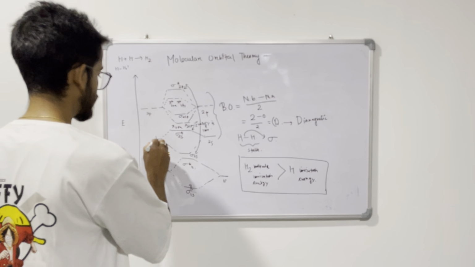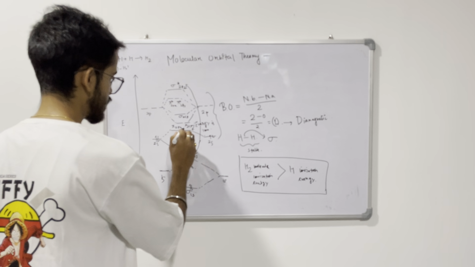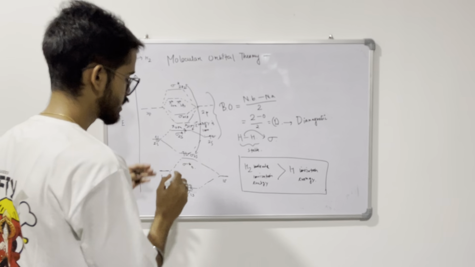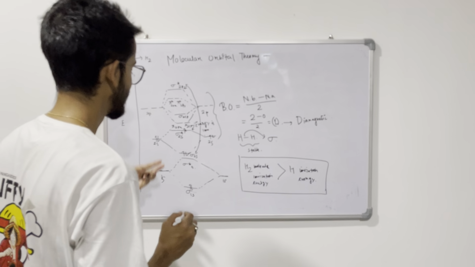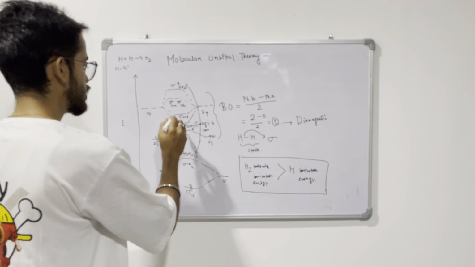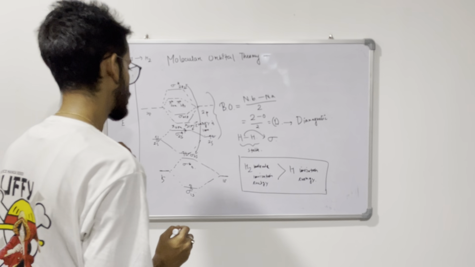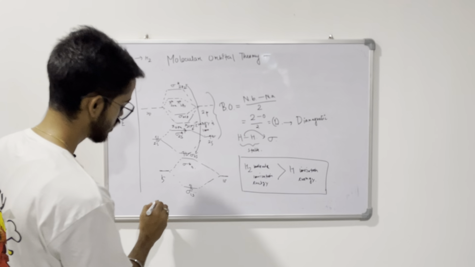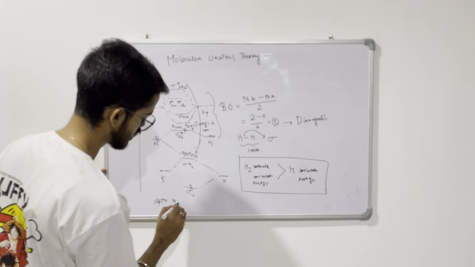After this mixing, the lower one's energy becomes lower and the upper one's energy becomes higher. The abnormality in the order of molecular orbitals is seen up to nitrogen.